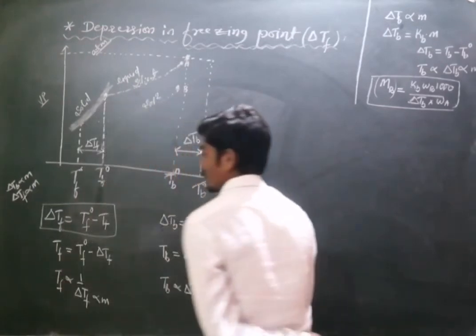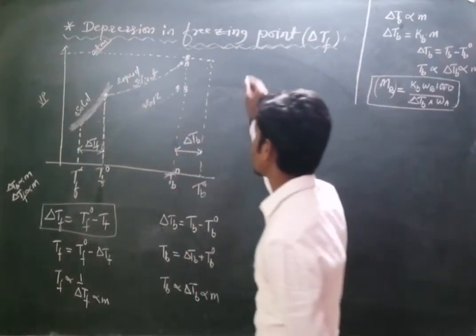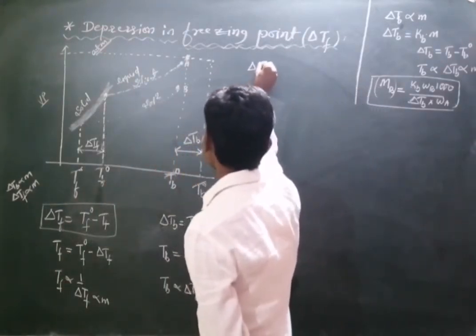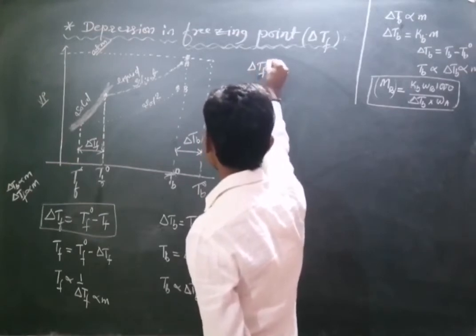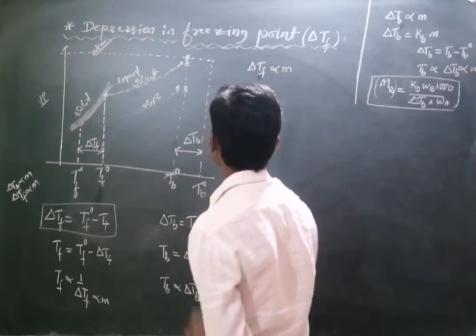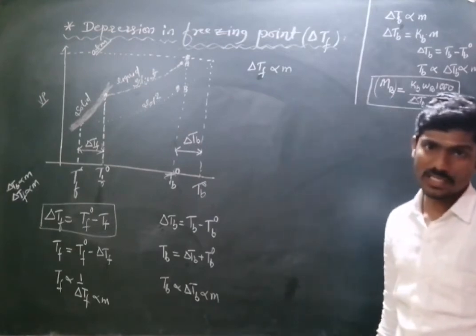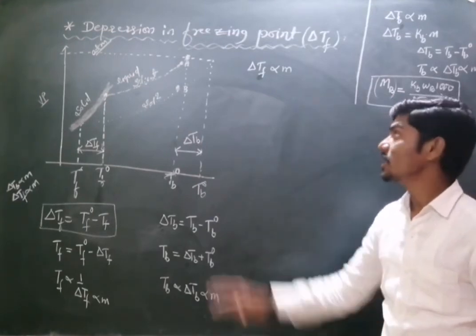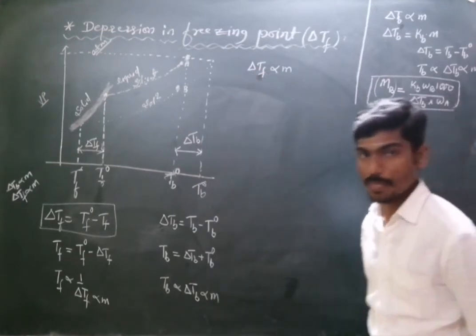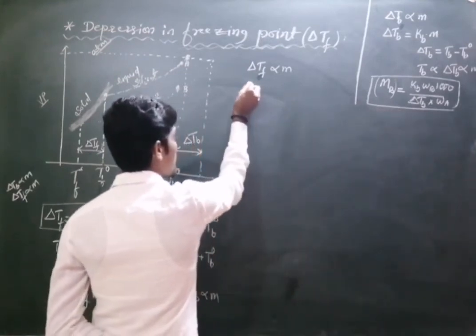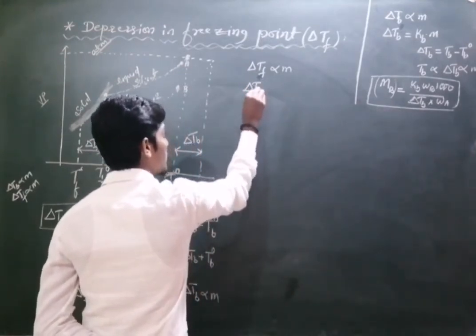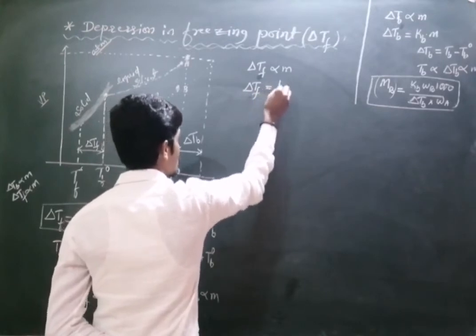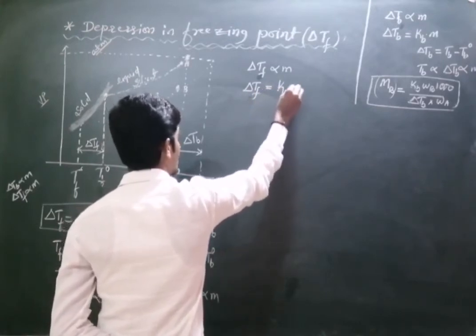Now it has been experimentally determined that this delta TF is directly proportional to molality of the solution, similar to delta TB. In the last case, delta TB is proportional to m. If we remove the proportionality constant, delta TF is equal to Kf into m.